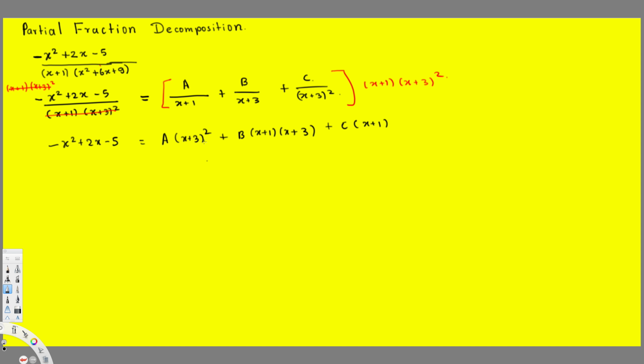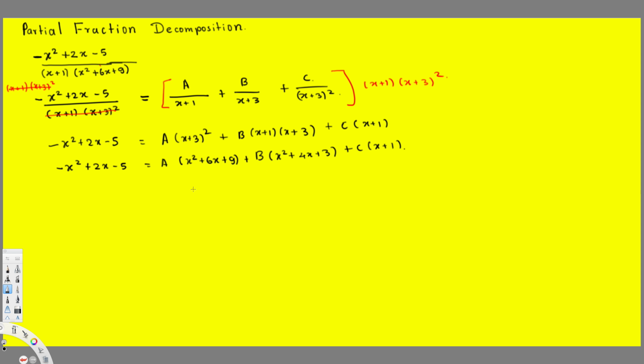To do that, first of all I have to simplify this a little bit more. So let's simplify. This is going to be minus x squared plus 2x minus 5, and if I expand this bracket, x plus 3 squared is x squared plus 6x plus 9, and if I multiply these two together, this comes as x squared plus 4x plus 3, and this is going to be plus C times x plus 1.